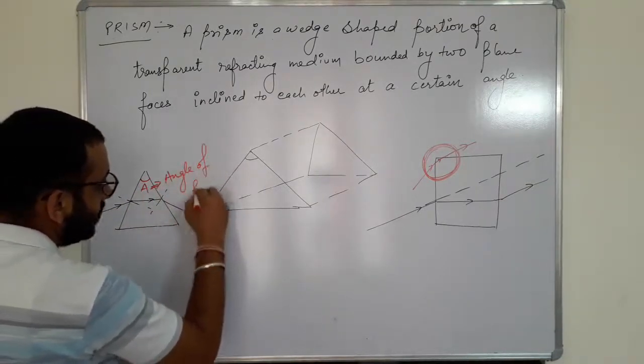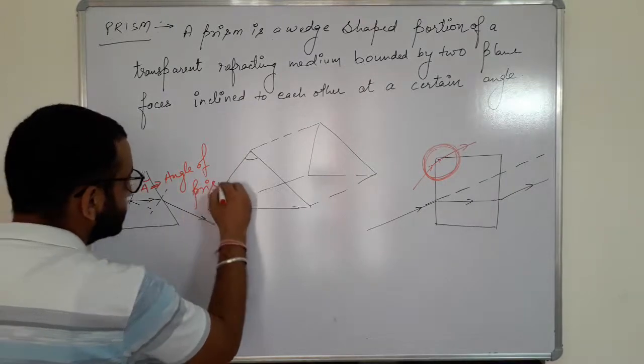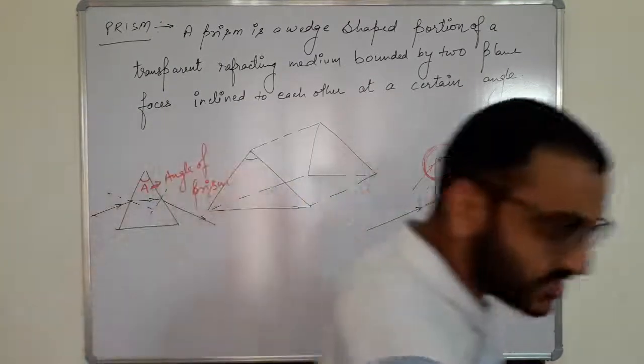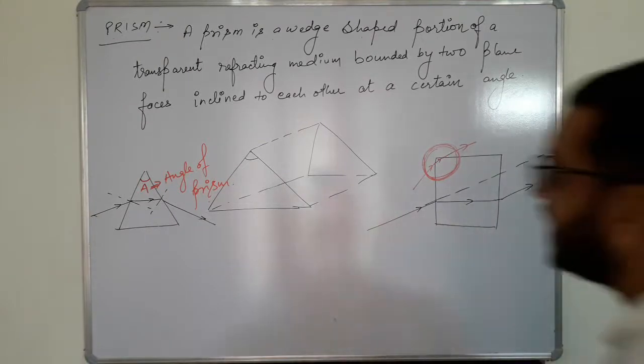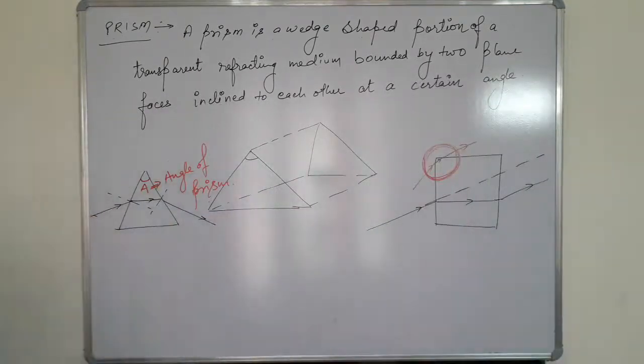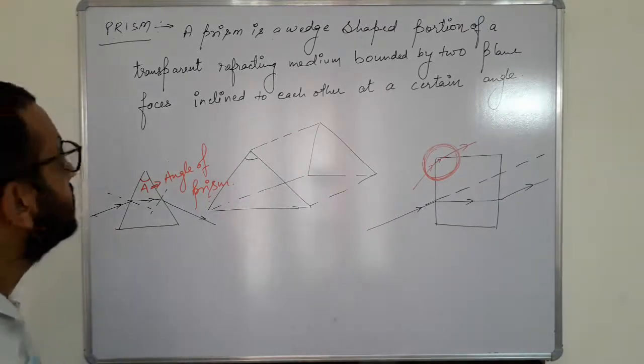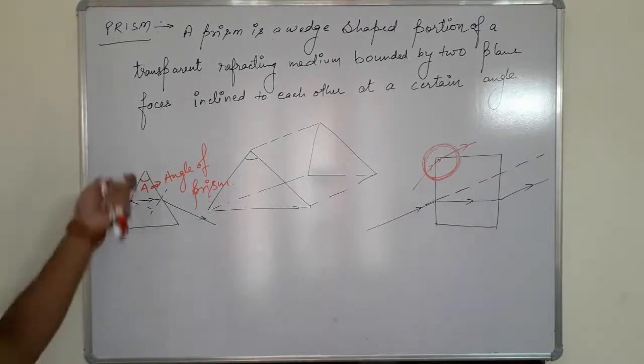The angle between the two surfaces will be our angle of prism. So this is basically a simple definition.